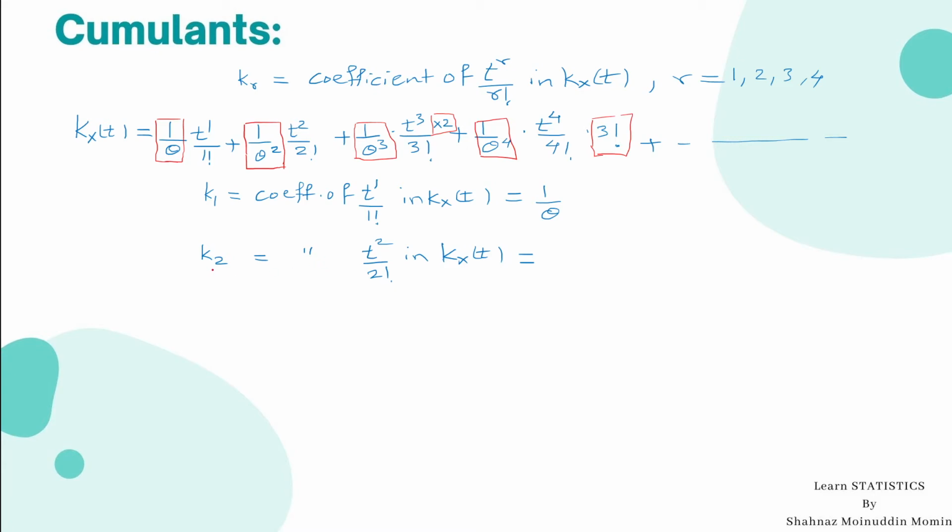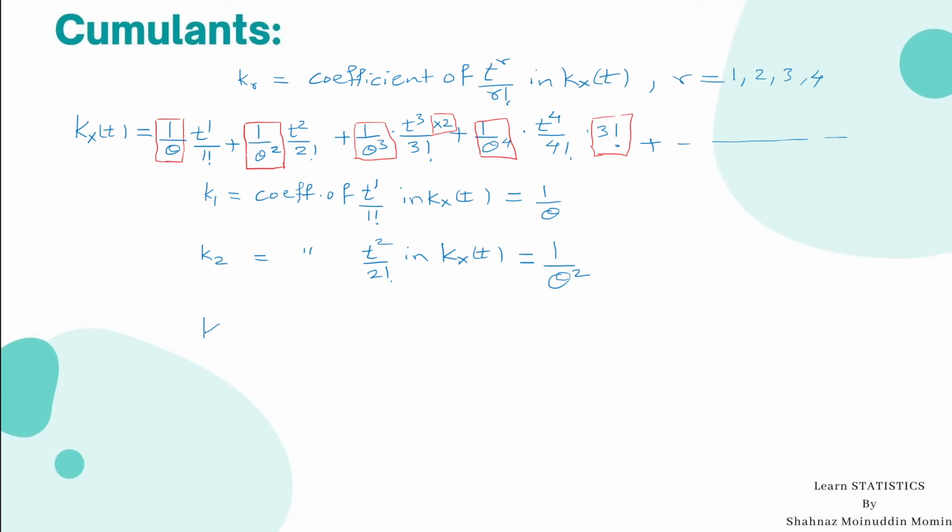So the second cumulant k2 is equal to 1 upon theta square, since it is the coefficient of t square by 2 factorial.